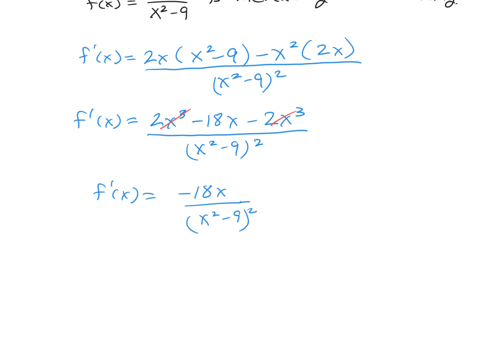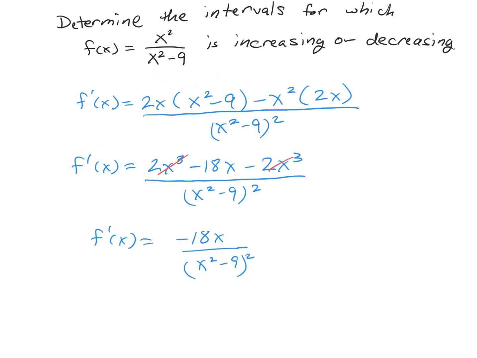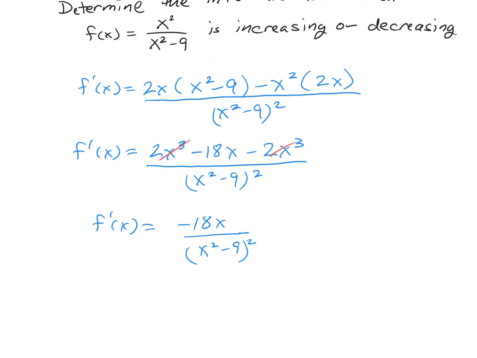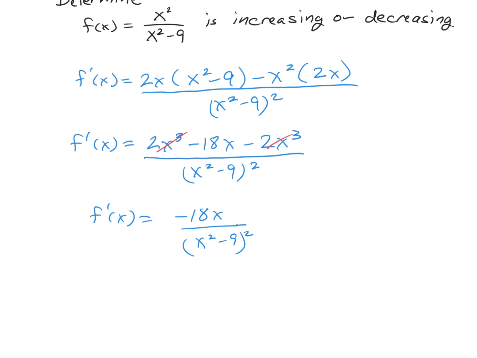And from here, we can see that both positive and negative 3 make our denominator 0, which makes our derivative undefined. But keep in mind that it's not a critical number for us because plus and minus 3 is not in the domain of our original function.